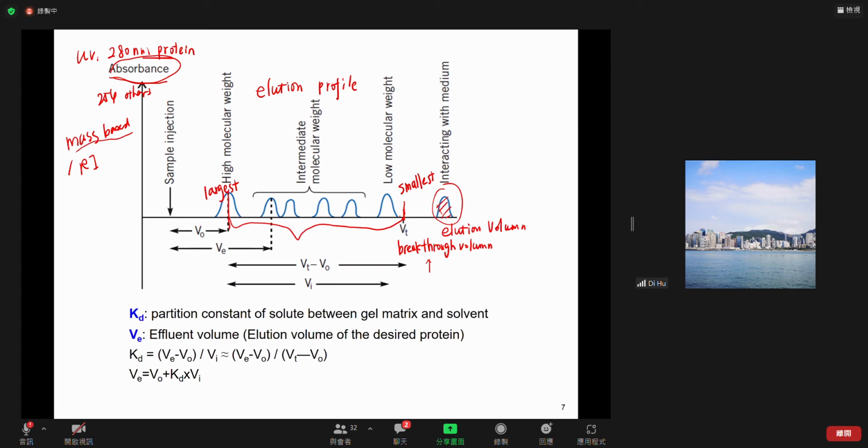That means VT minus V0 is the volume available for separation. This is almost equal to the volume inside the pores. So that's why the capacity of SEC is limited.